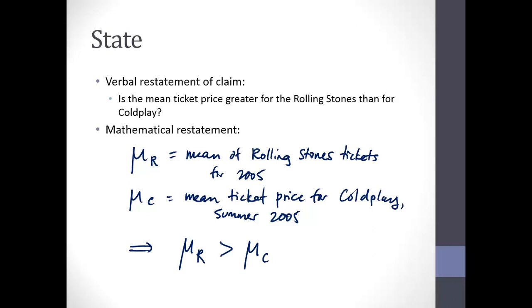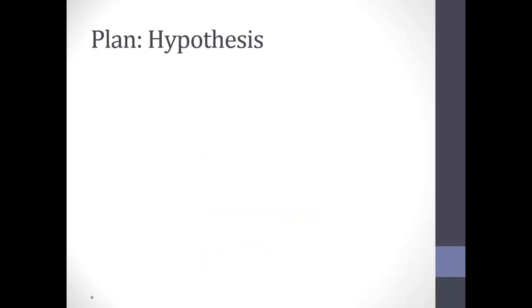Okay, so now that we have a clear idea that we're doing a hypothesis test, and this is the question we're interested in answering, we can move on to setting up our hypotheses. We want to set up the null hypothesis and the alternative hypothesis, involving the mean of Rolling Stones and the mean of the Coldplay tickets. So we need to figure out what our claim is.